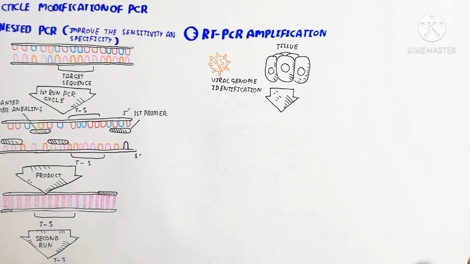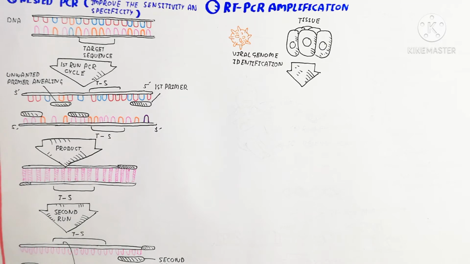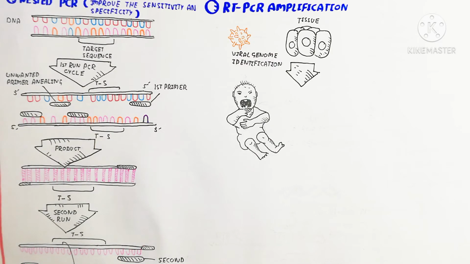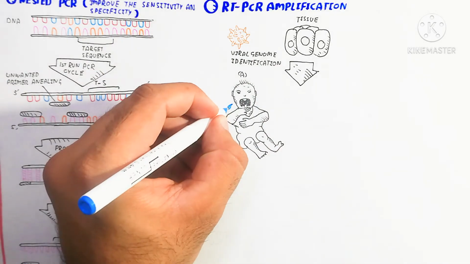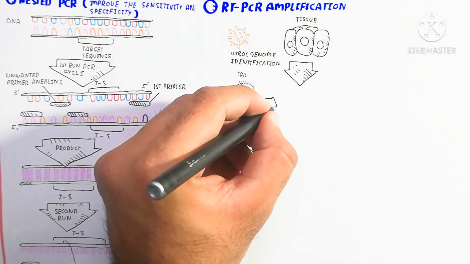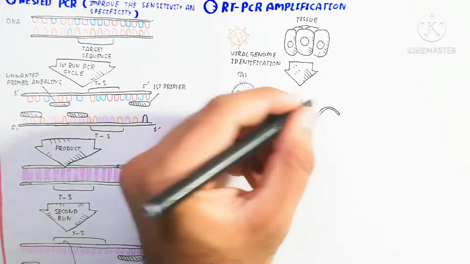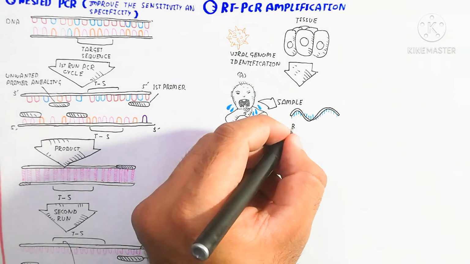When infected tissue is used, for example, an infected tissue or sample comes from a baby infected by a virus, influenza virus or something, you can say the coronavirus. So basically we can identify coronavirus by this process, which is taking the sample first, and second is the RNA extraction.